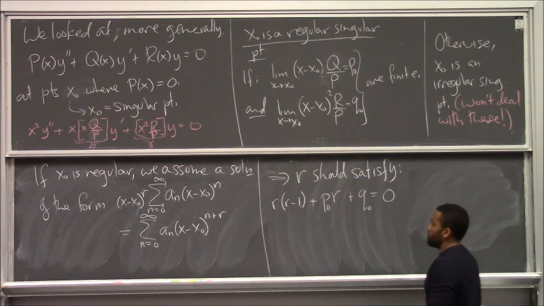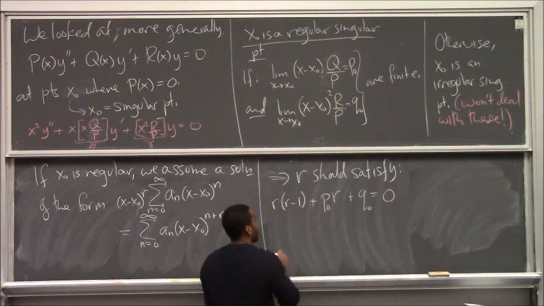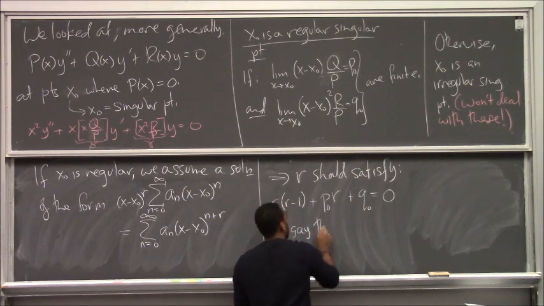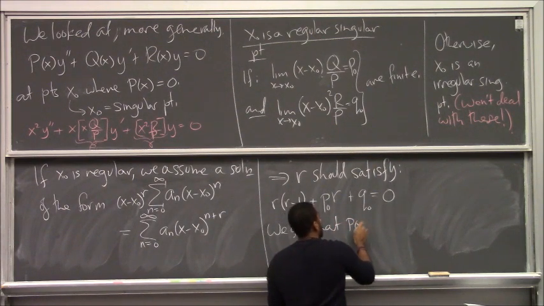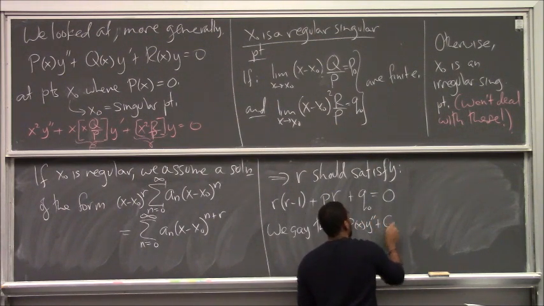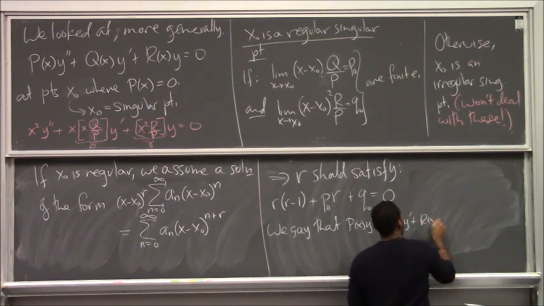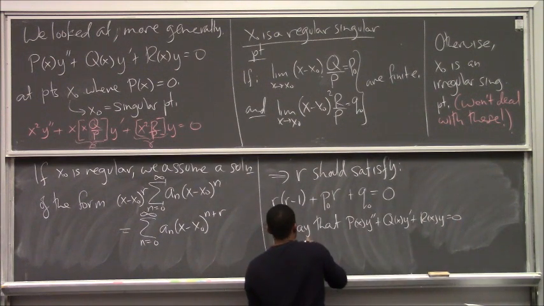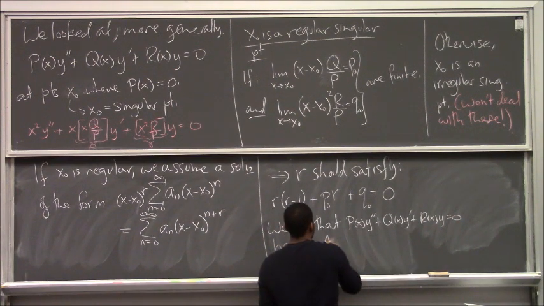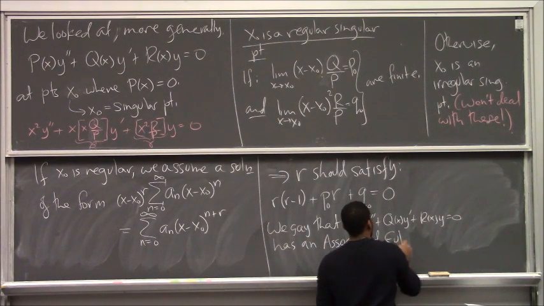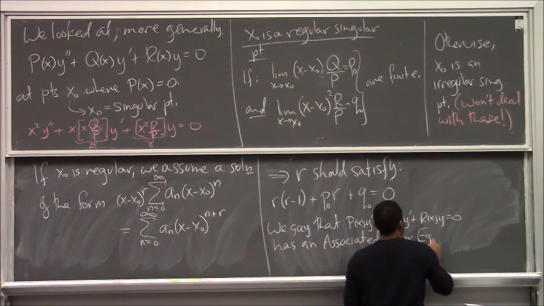So we say that P y double prime plus Q y prime plus R y equals 0 has an associated Euler equation.